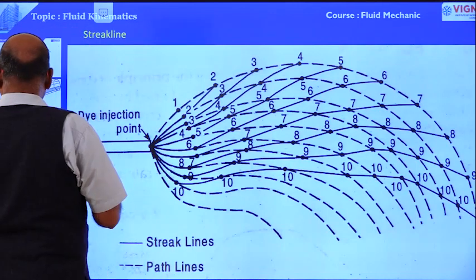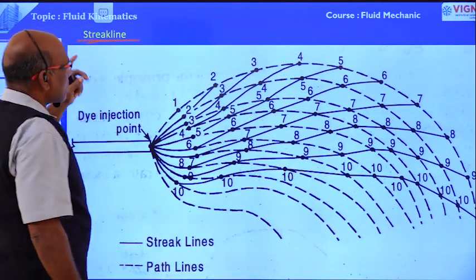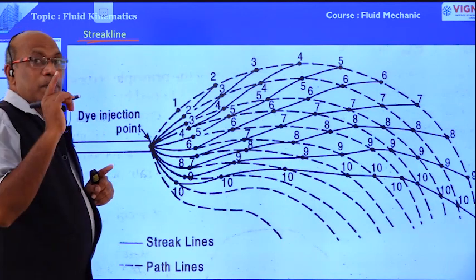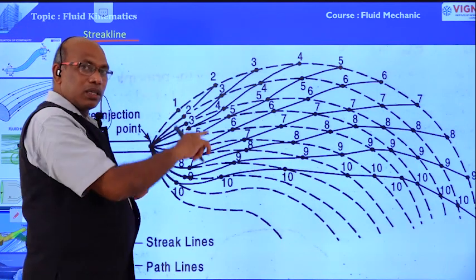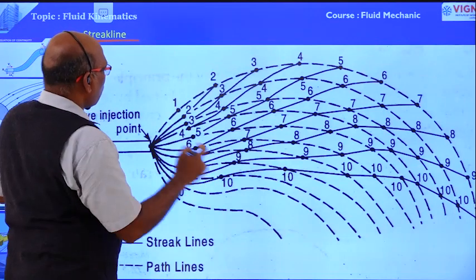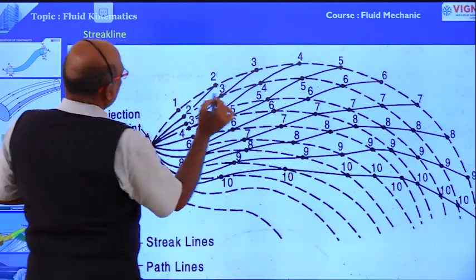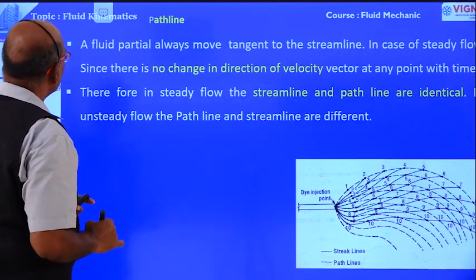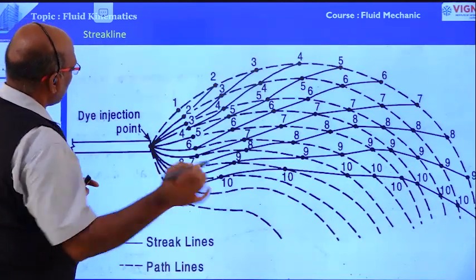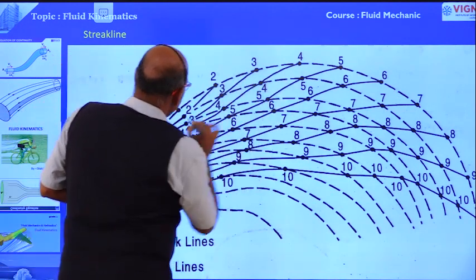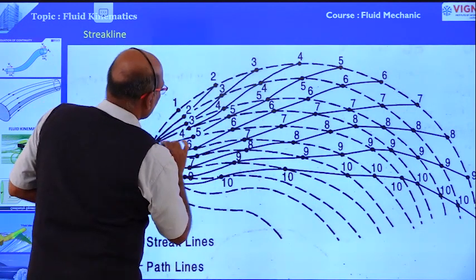Another one, the streak line. Streak line means the line traced through fixed points. So this is one path line, this is another path line, and this is one more path line.